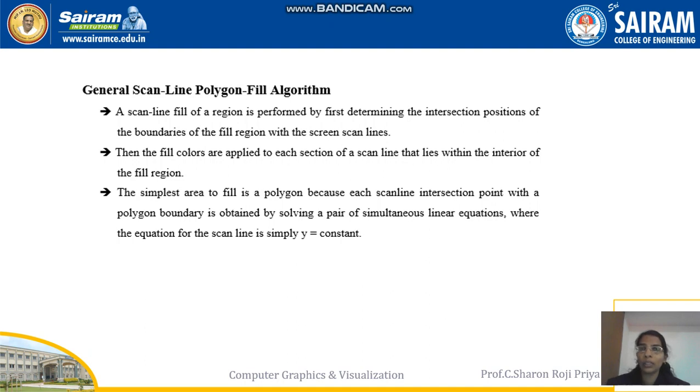I'll repeat once again. When a scan line scans the screen and intersects with the boundary of my polygon, I'll be calculating the edges, noting down the edge values, and the area between these two values I have to fill with pixels. That is how the interior is filled in my polygon.